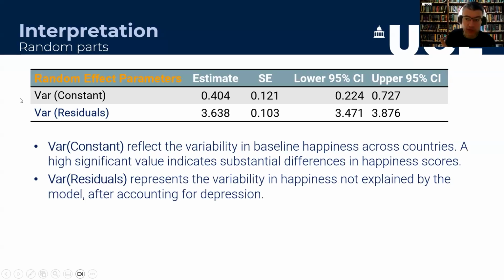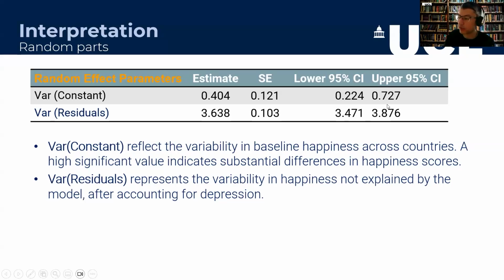So the way you interpret this is that the first one, the variance of the constant, is really the variance observed at level 2 of your data. So in this case, at the country level. And it tells us how much variation there is across the countries.